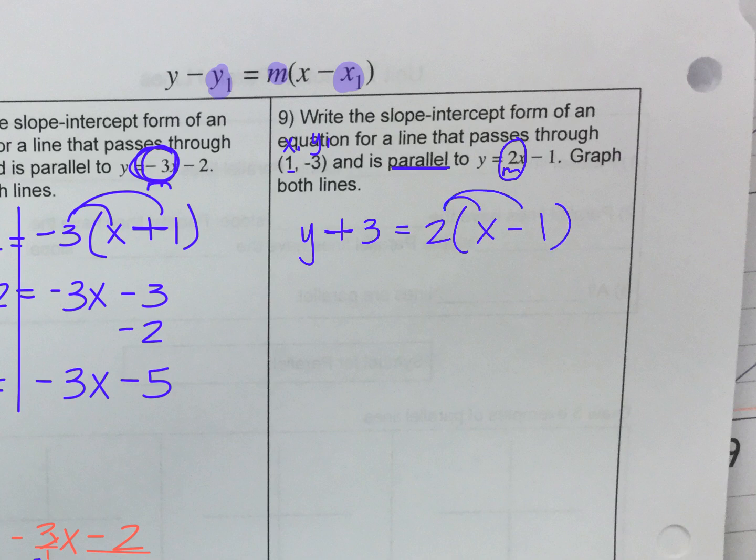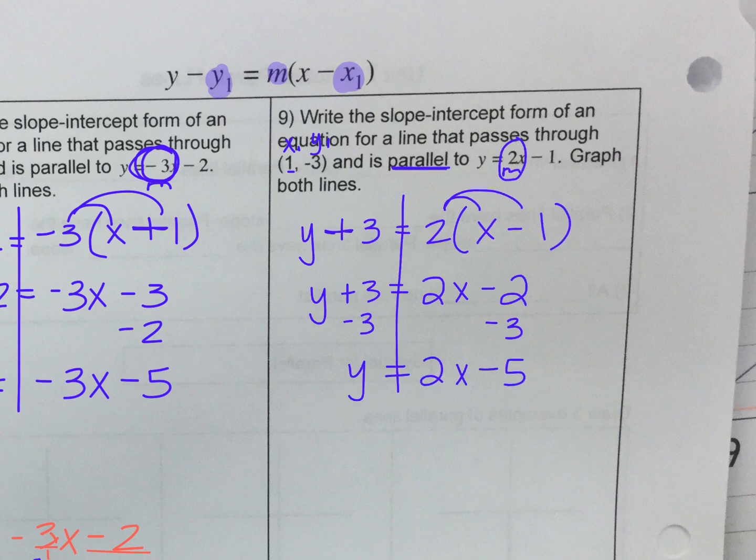Distribute. y plus 3 equals 2 times x is 2x, 2 times negative 1 is negative 2. Subtract 3, y equals 2x minus 5.